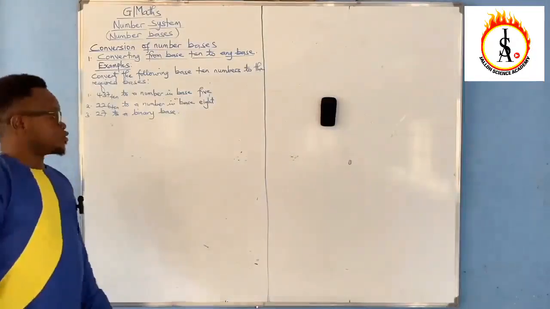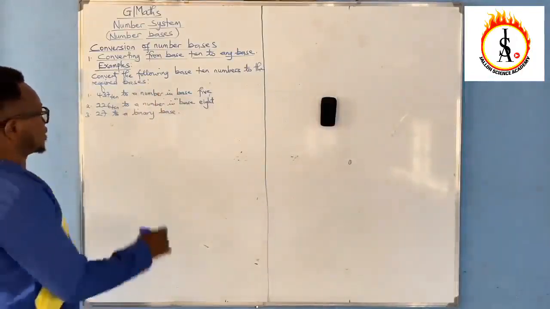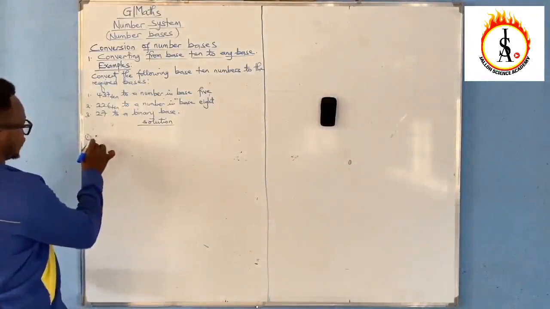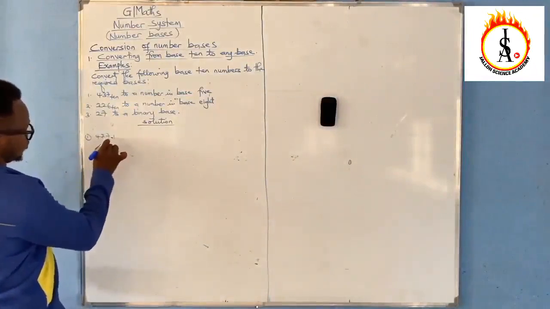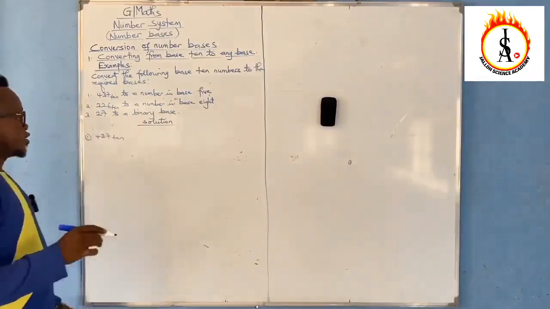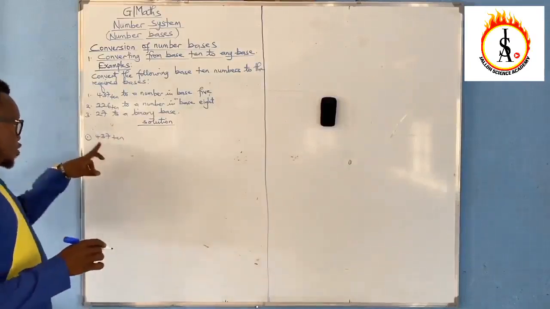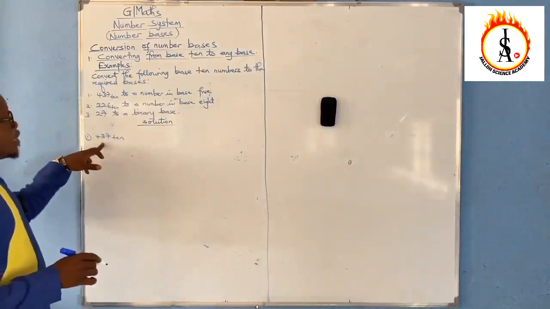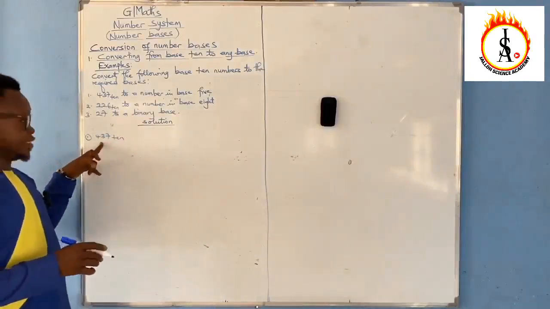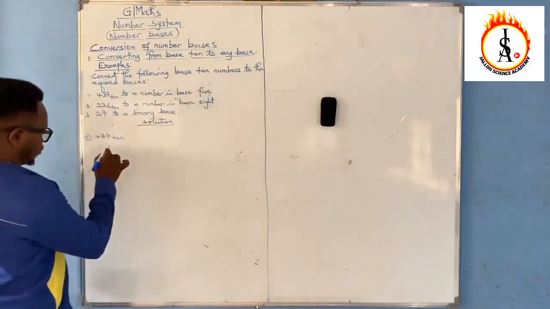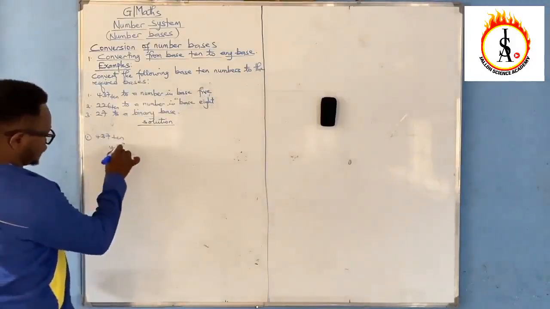We have these examples. We have to convert to these required bases. So the first one is 437 in base 10. We have to convert this to a number in base 5. So this 437 that is in base 10 is what we are going to divide throughout by 5. So we'll do our division this way.